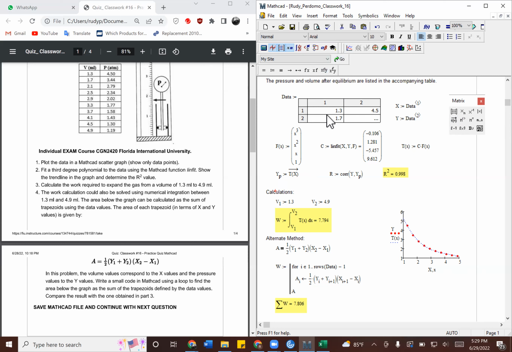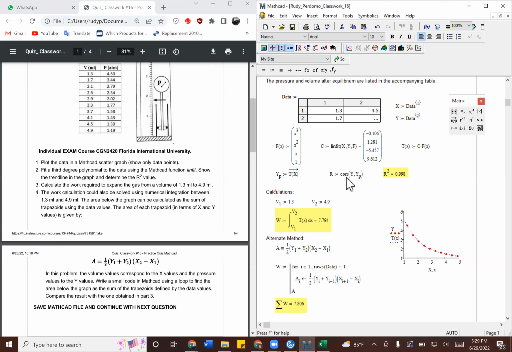So we have X and Y, and then we use these same X points for this trend line, and we have Y predicted here, YP. Then we use those two and give that R.